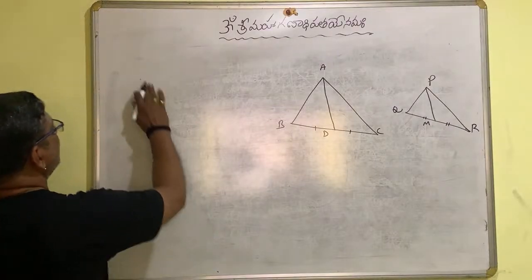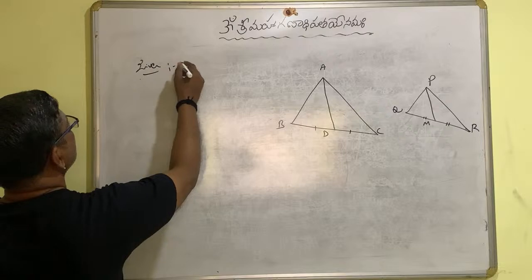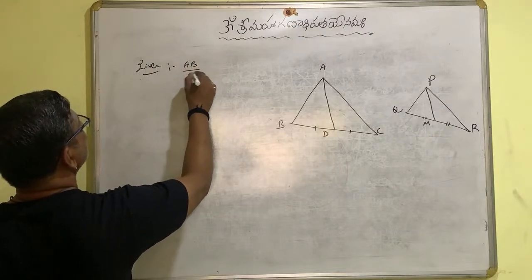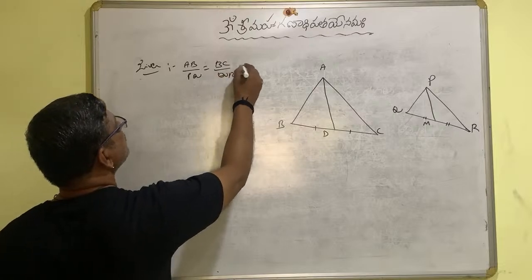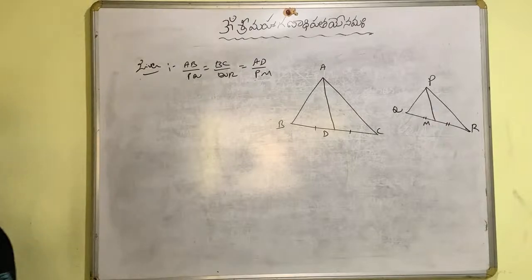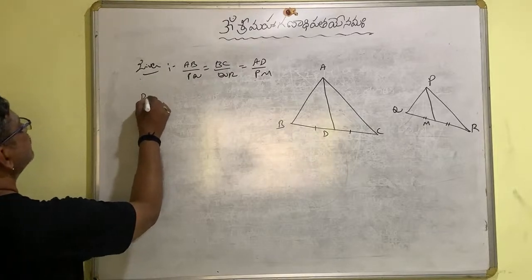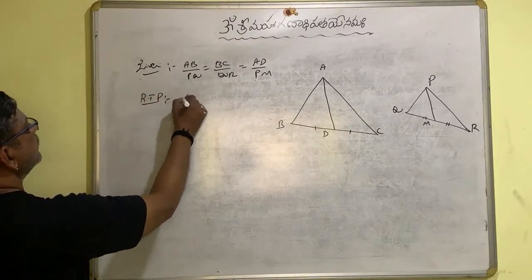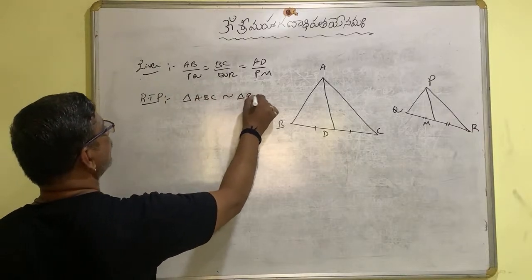First one, given: AB by PQ is equal to BC by QR is equal to AD by PM. This is what is given, and we need to prove triangle ABC similar to triangle PQR.